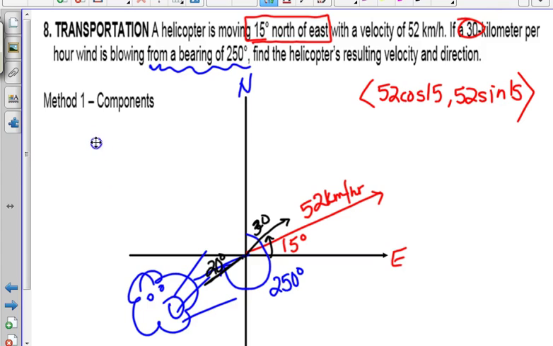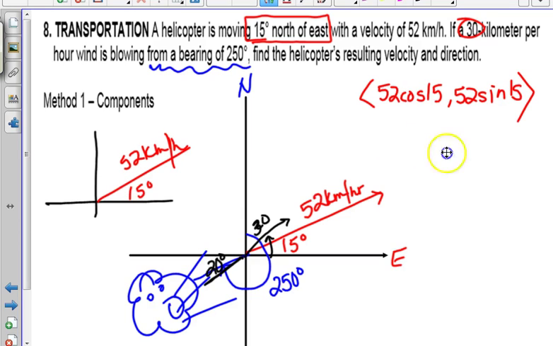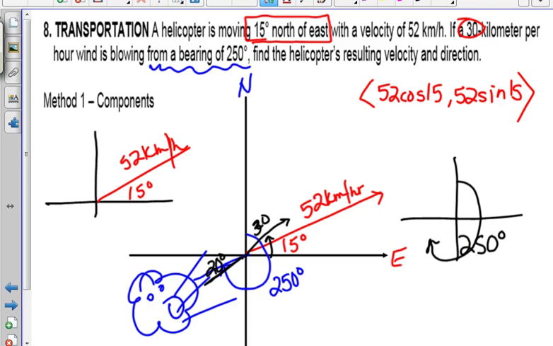Let's draw it separately because I think it'll help you. Okay. So here's the first one, 15 degrees, 52 kilometers per hour. Then there's the wind, separate picture. It's 250, which makes this angle in here 20 degrees.